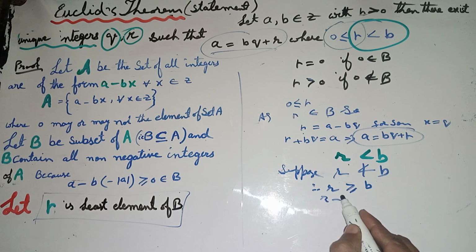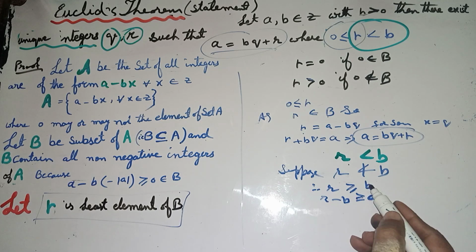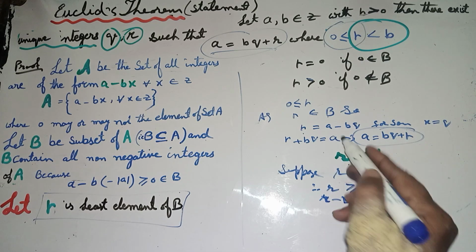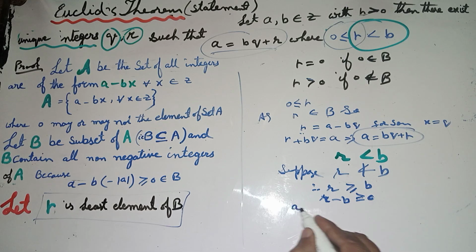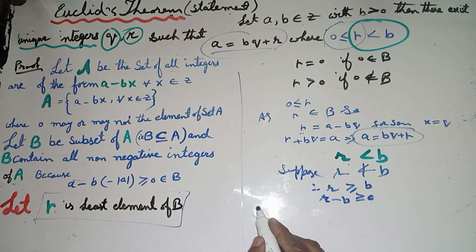So r minus b is greater or equal to 0. As you know that r is equal to a minus bq, we can put here the value of r: a minus bq minus b is greater or equal to 0. We can take b common from these two terms: a minus b(q plus 1)... that is, a minus b(q minus 1) form is greater or equal to 0.